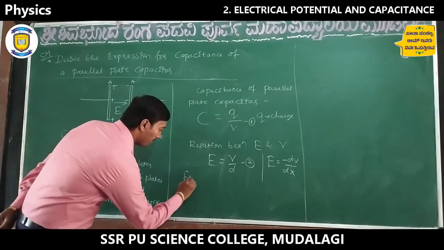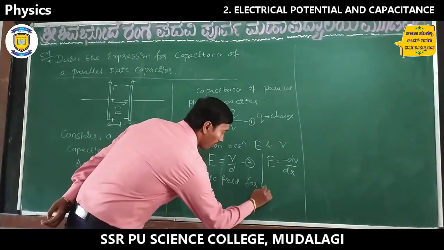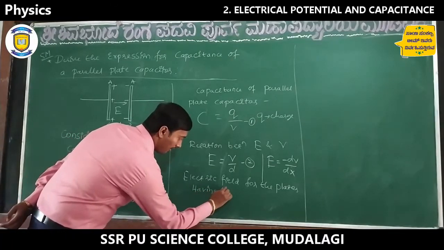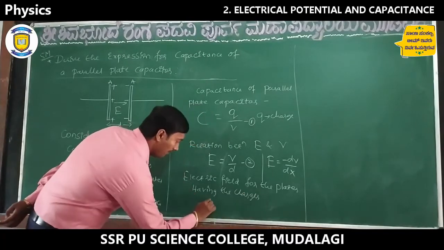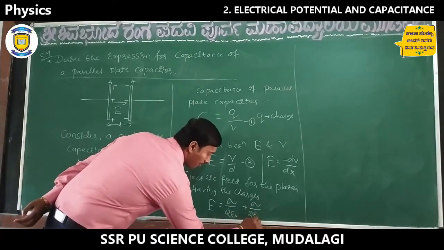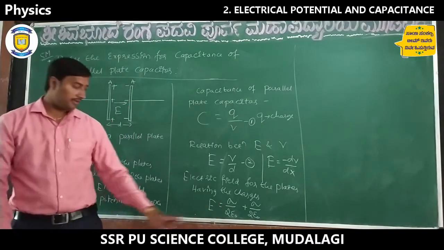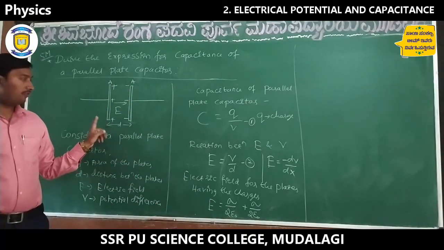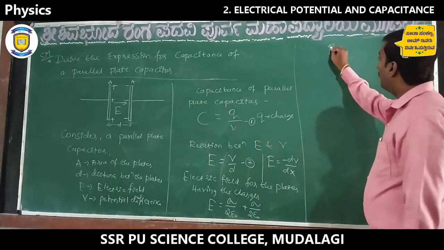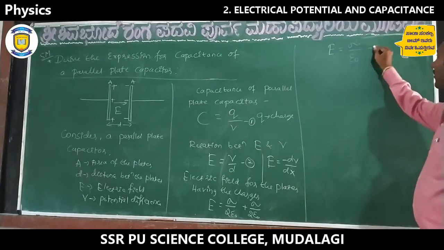This is for one positive plate, sigma by 2 epsilon naught, and the negative plate is also sigma by 2 epsilon naught. Adding the two, E equals sigma by 2 epsilon naught plus sigma by 2 epsilon naught, which means sigma by epsilon naught. This is equation number 3.